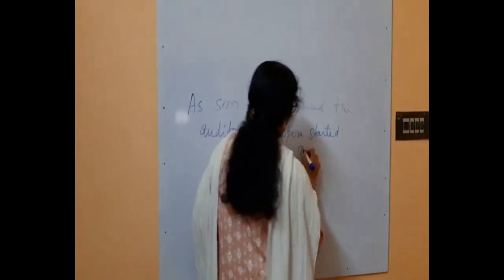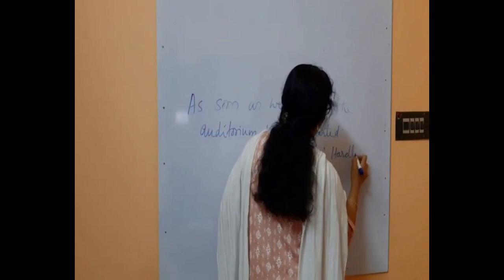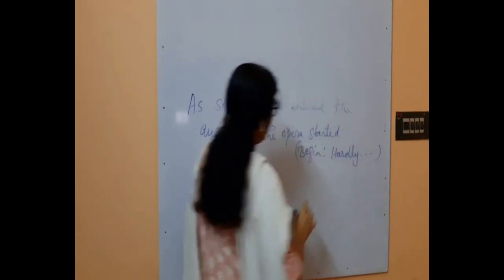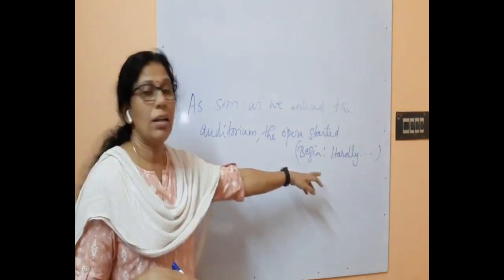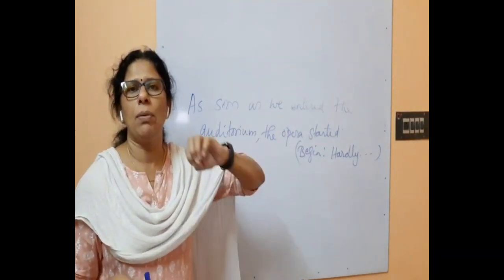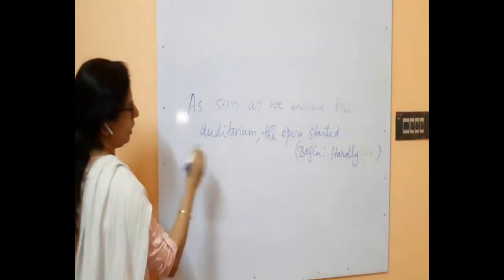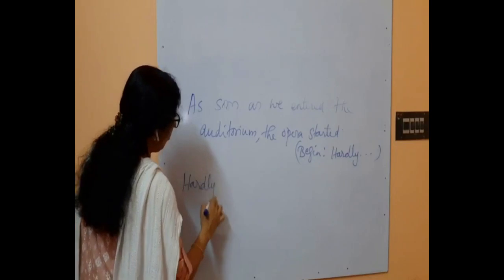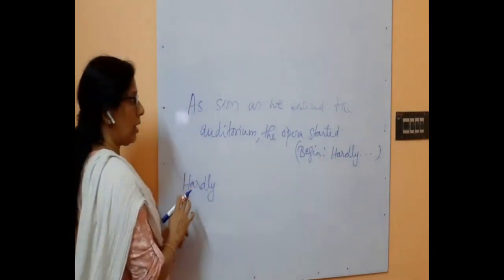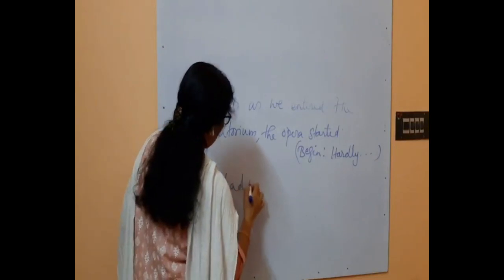Here you have to begin with hardly. We know that no sooner will be followed by did plus base form and then than, and hardly will be followed by had plus V3, and the other part will be when or before. If you are asked to begin with hardly, you should begin with hardly itself. Hardly had we entered.